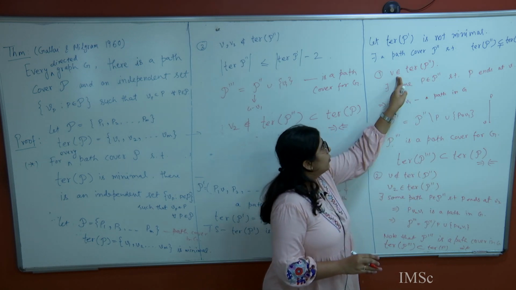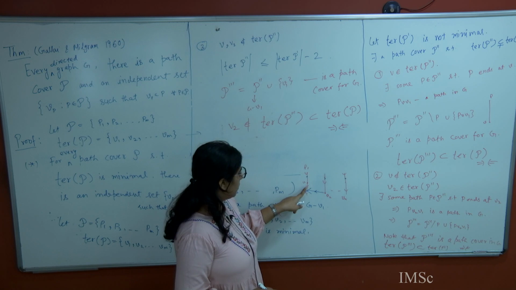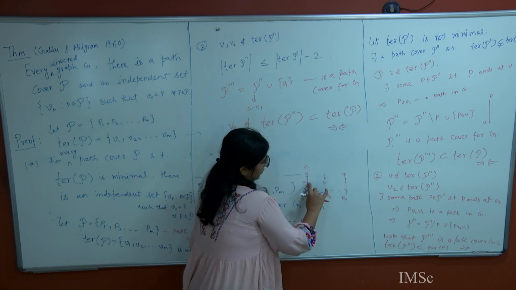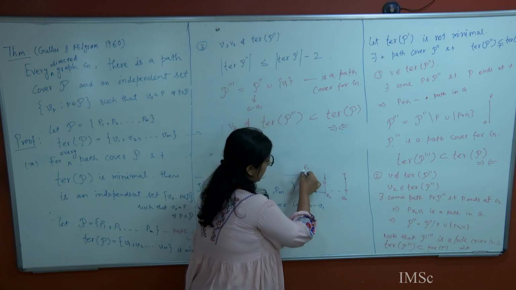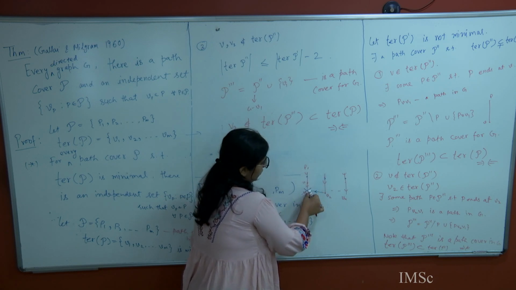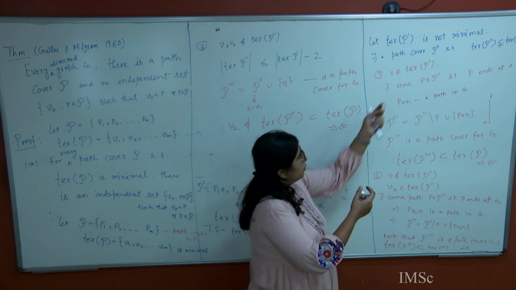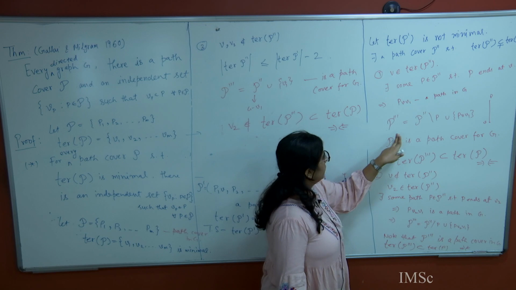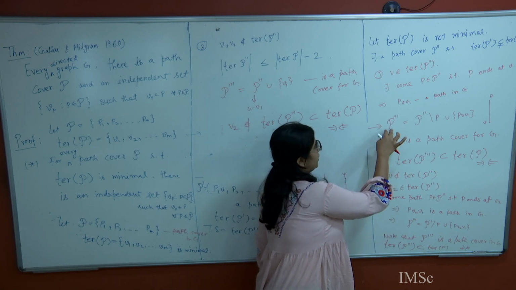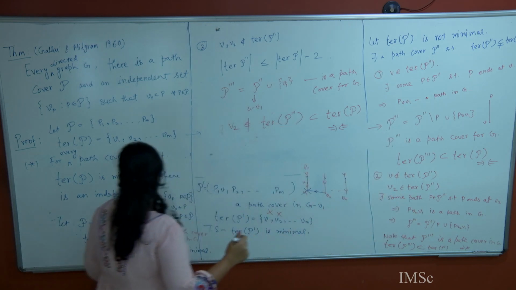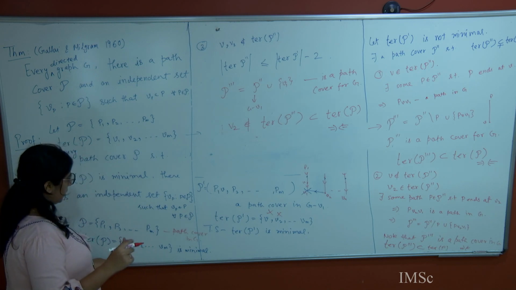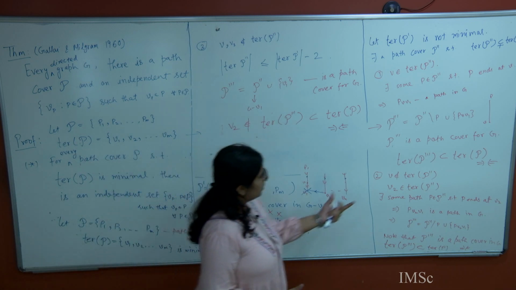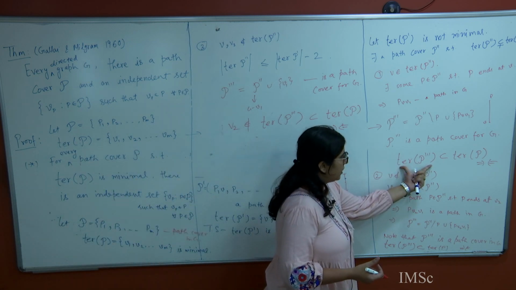Because V is there, there is some path which ends at V, and V V1 is an edge in G. So I will extend that path to P V1 and add it to my path cover P double prime, and like this I will get a new path cover for G, which has a strictly smaller terminal set.